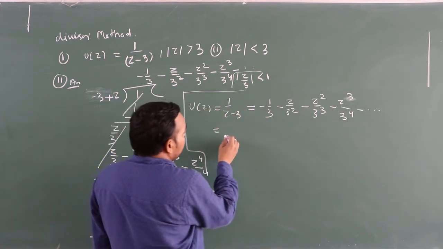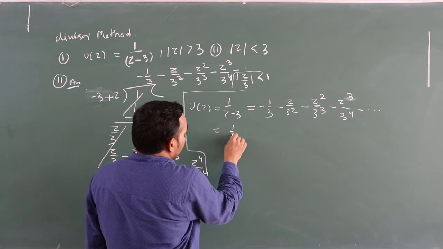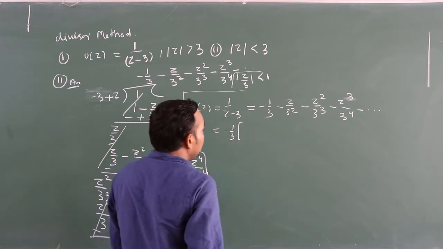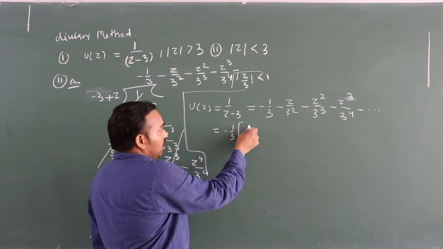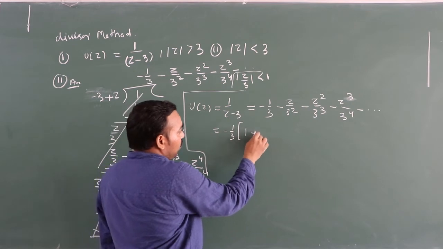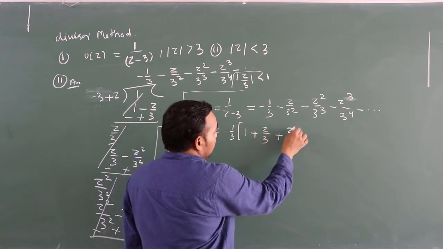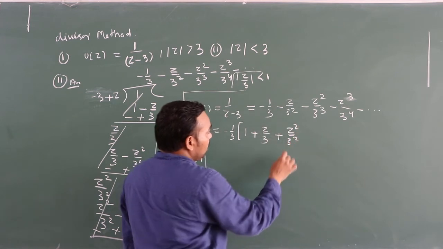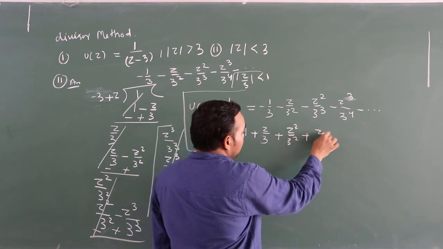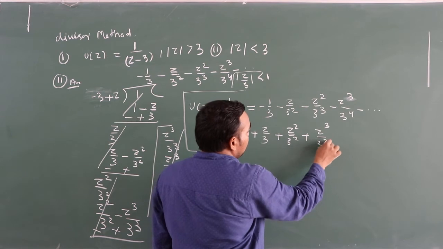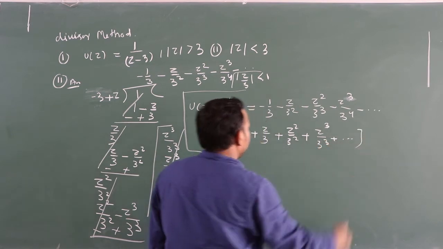And this can be written here as minus 1 upon 3 taken as common, so 1 plus z upon 3 plus z square upon 3 square plus z cube upon 3 cube and so on.